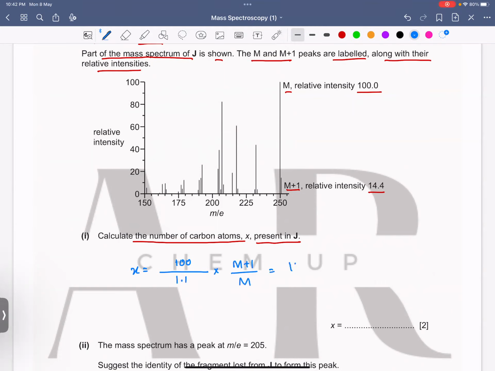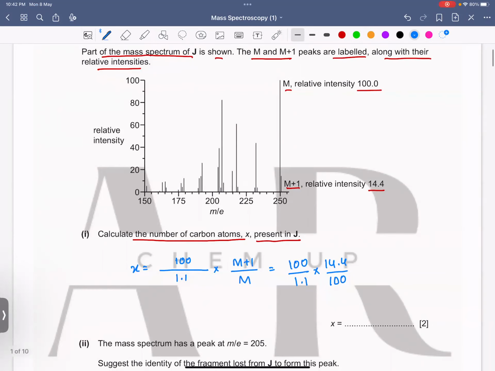So 100 upon 1.1 times 14.4 over 100. Can anybody solve it and tell me the answer? Sir, 13.09. So it can be 13, which means the number of carbon atoms here would be 13.